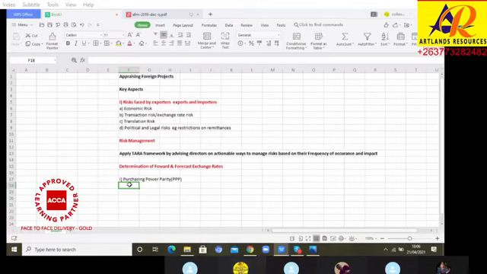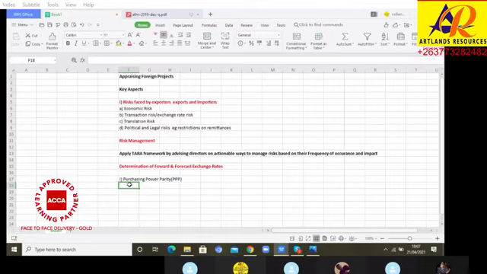A currency with a high inflation rate normally depreciates against currencies with low inflation rates.